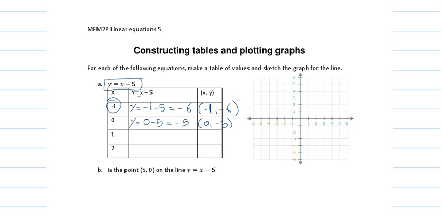What do I replace x with for the next one? Next one. What's the x value? 1. So it's going to be y equals 1 minus 5. Minus 5, yeah. So it's going to be -4, and my point is going to be 1 comma -4.